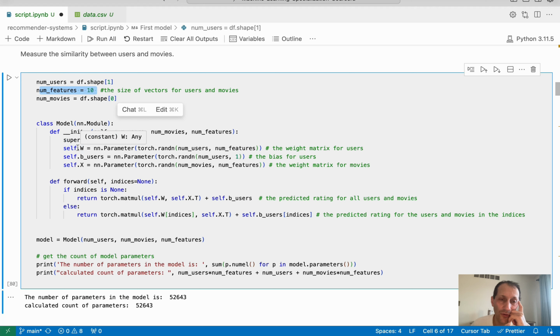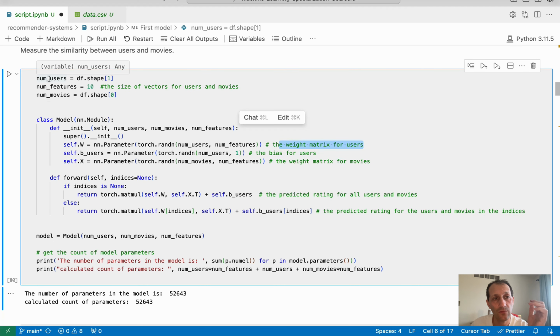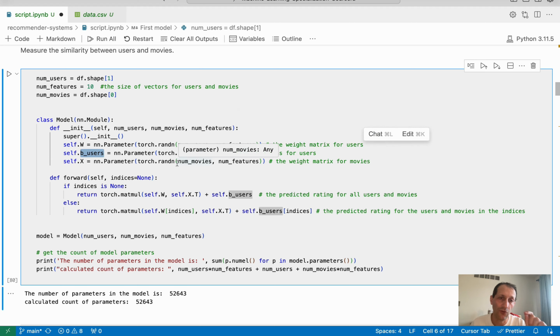Essentially, W is a matrix of the vectors representing users. So this matrix has num-users number of rows, and the number of columns is going to be 10, because for each user you have 10 features, right? So think of W as a stack of user embeddings or user vectors. The p value here is a constant that you give to each of those users.